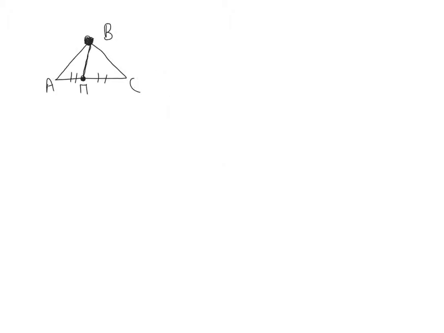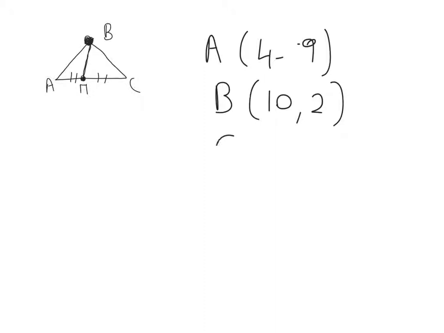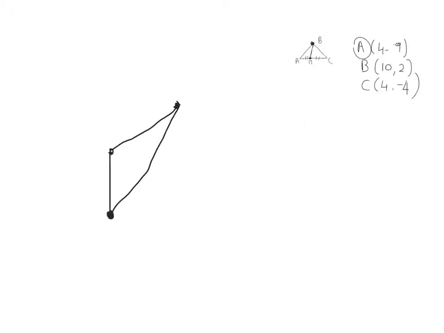Example 1. Triangle ABC has vertices A (4, -9), B (10, 2), and C (4, -4), and the question is find the equation of the median from A. So here's a sketch of what that could look like.